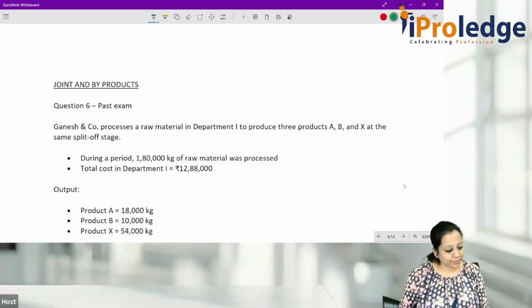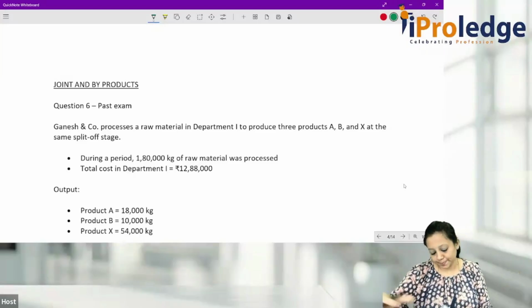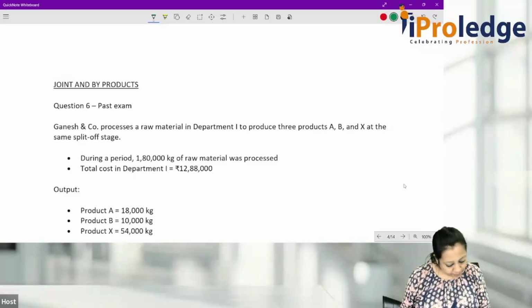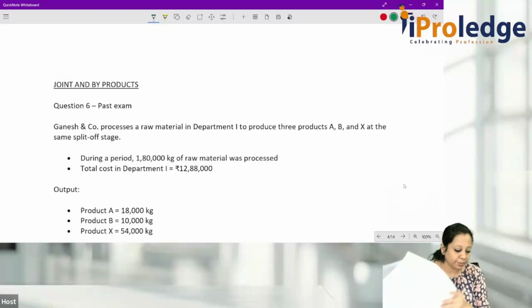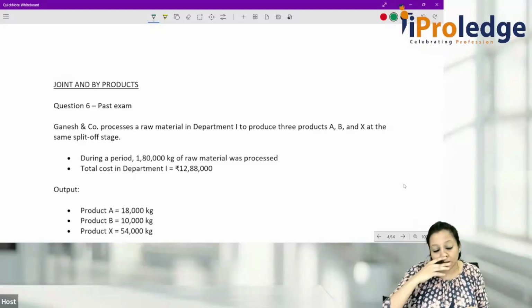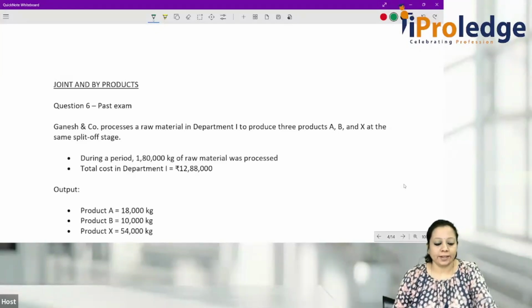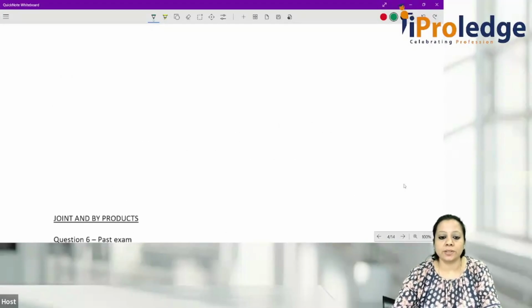Now, joint product and byproduct is what I wanted to discuss with you. Thankfully, you people are not finding it to be difficult because some students find this topic to be difficult. Just to give you some basic introduction so that if any other student is having any problem, it'll be clear for them.